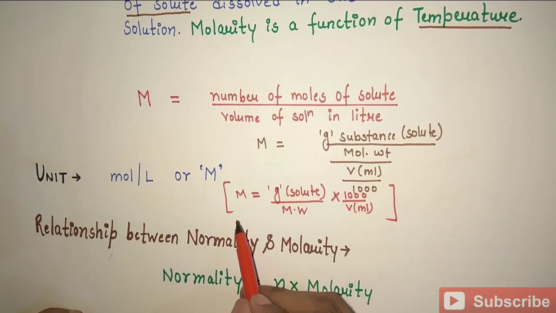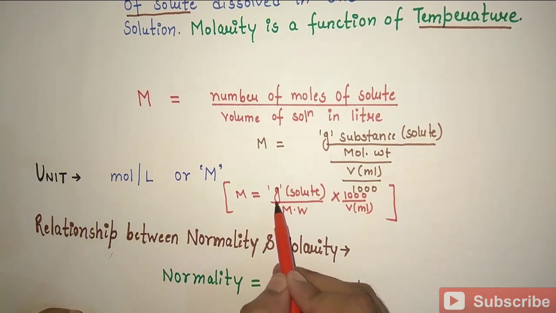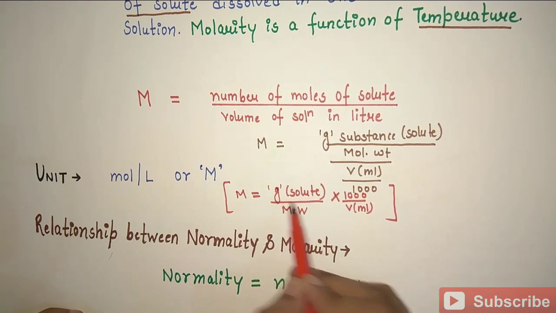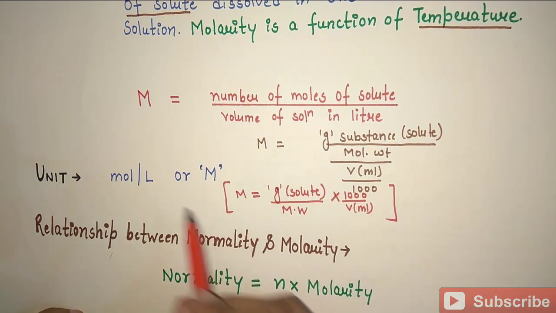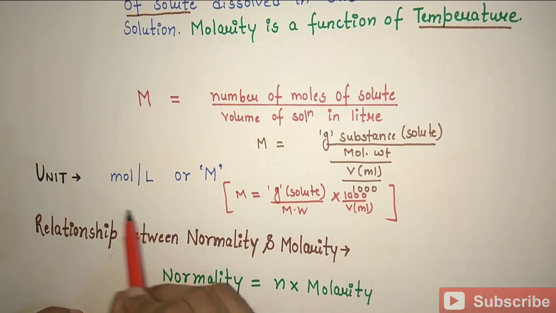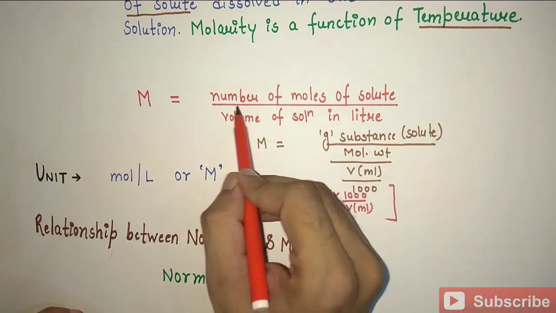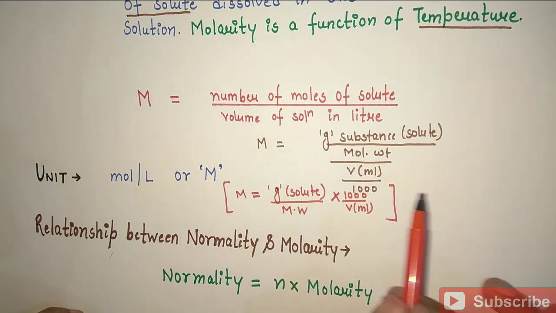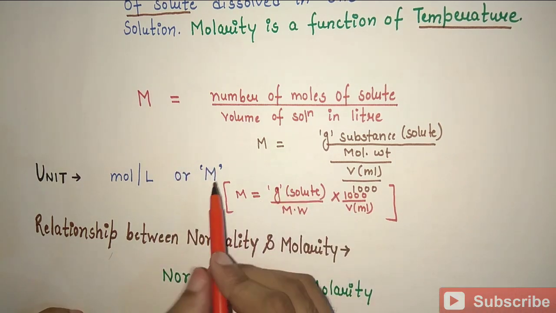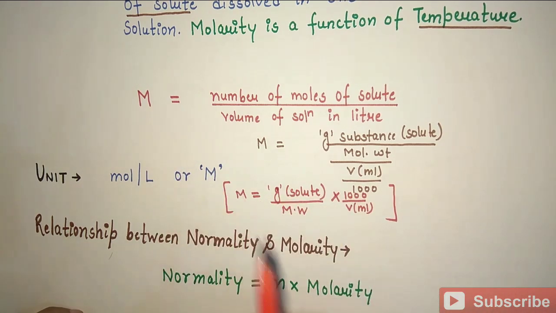So the main formula for molarity becomes M is equal to the weight of solute in gram divided by the molecular weight, into 1000 upon the volume in ml. The unit for molarity is mole per liter, the number of moles of solute dissolved in 1 liter of the solution, or we can simply write capital M.